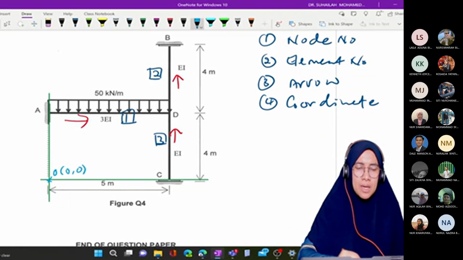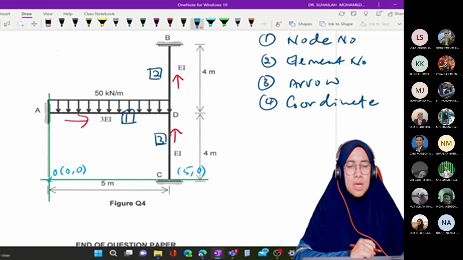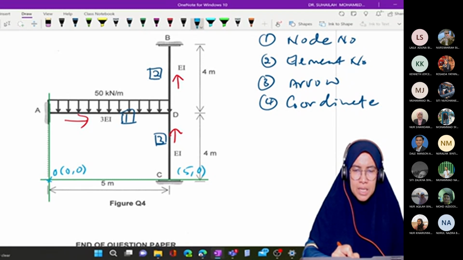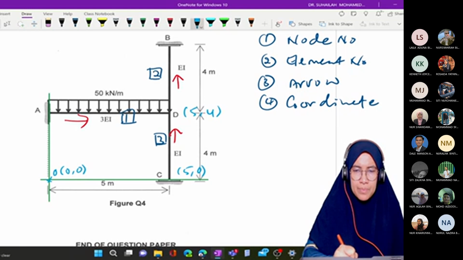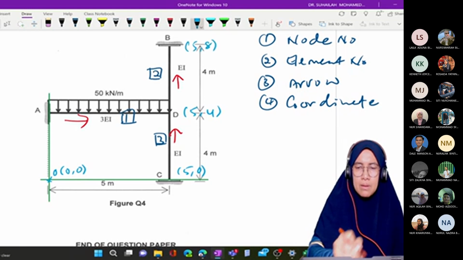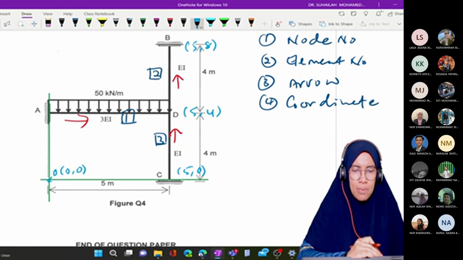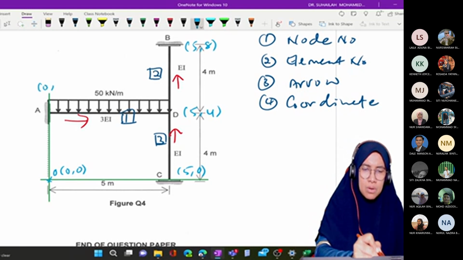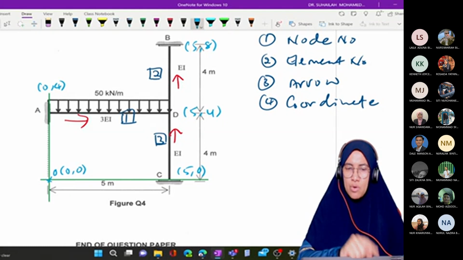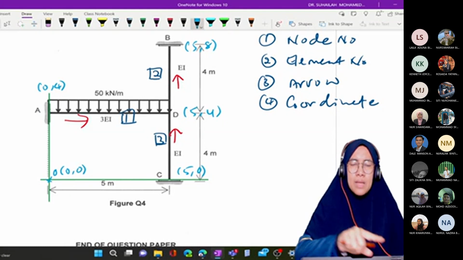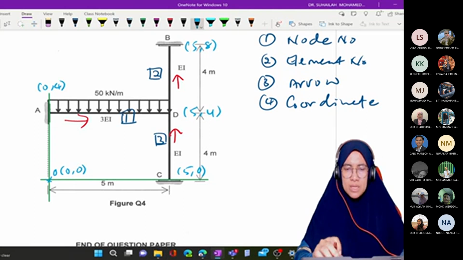Okay, so we label C as 5, 0. And then D will be 5, 4. Okay, B will be 5, 8. And A will be 0, 4. Okay, so by choosing one point as origin like this, all A, B, C, D will have positive coordinate.